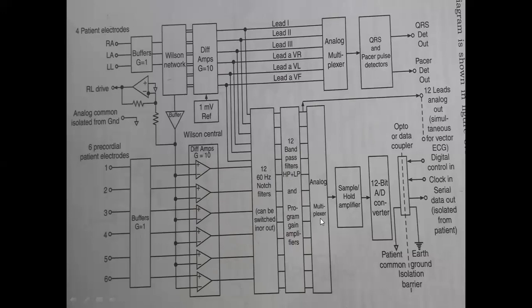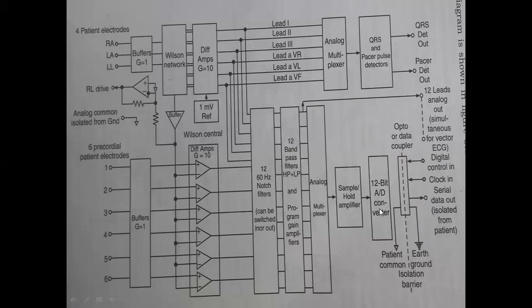From there the signals go to sample and hold, and 12-bit analog to digital converters, and from there we can record the data. The data can be a digital record.